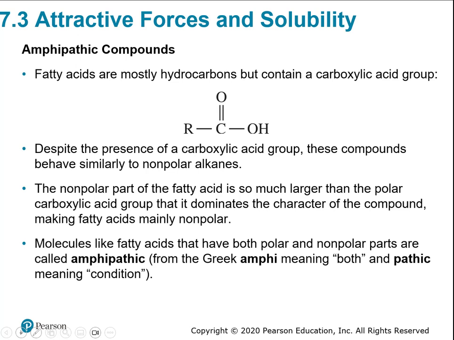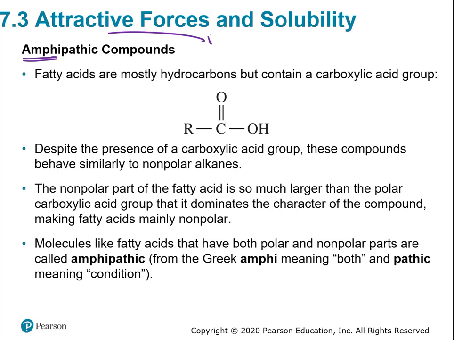So what about molecules that are polar and nonpolar? Okay. Things that are polar and nonpolar, they use the term amphipathic. Amphi, like an amphibian, is like a frog. It can live on land and in water. So amphi means both.